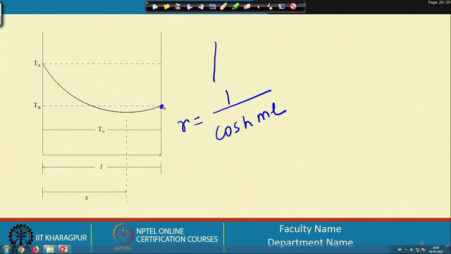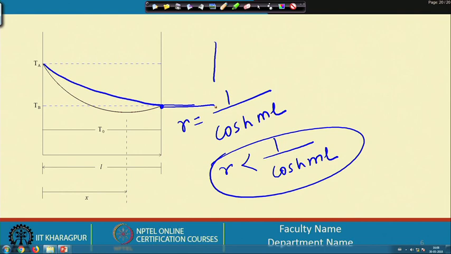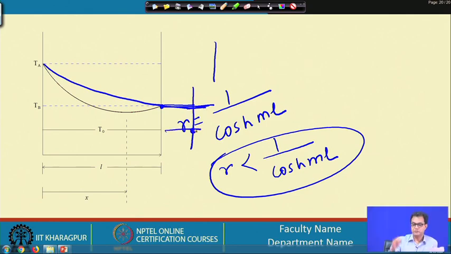At that point the extremum is located at this point, and exactly at that point the situation will be such that it is continuous from this end to this end. And for values of r less than 1 by cos hyperbolic ml, you will find that this is going beyond the physical boundary of the fin. So, in this case we will have the fin extremum located at this point.